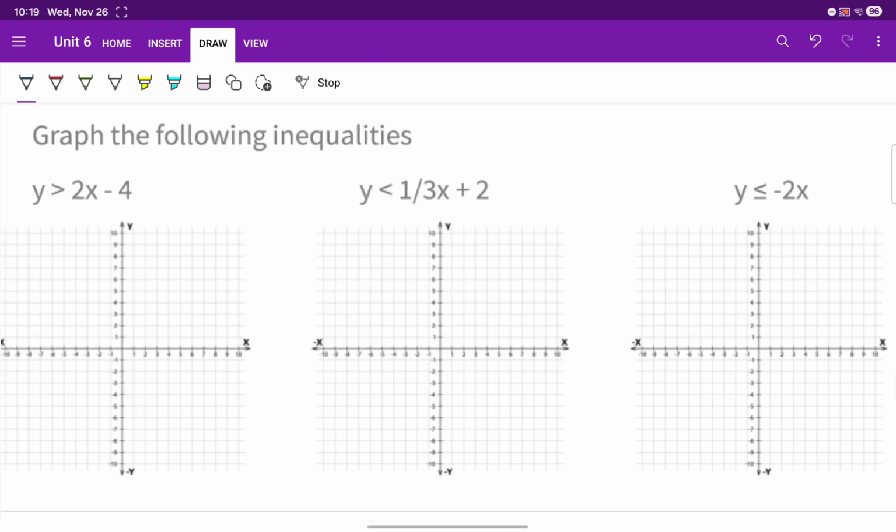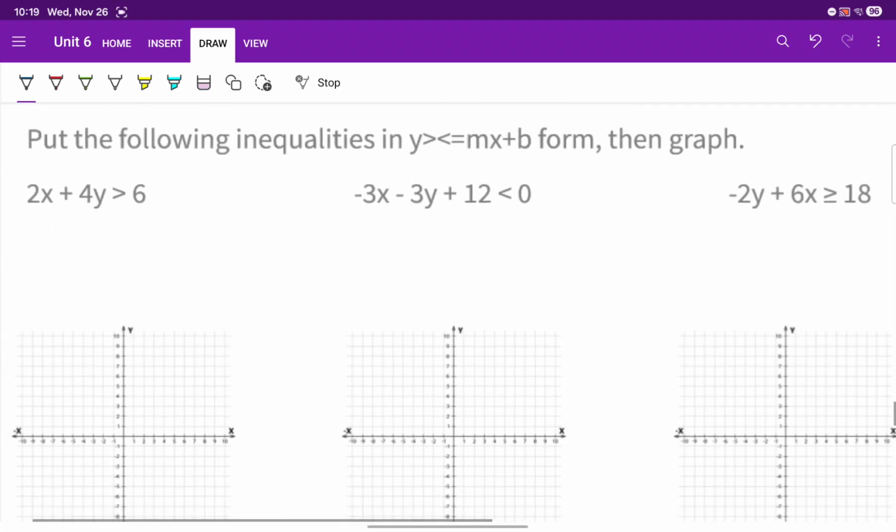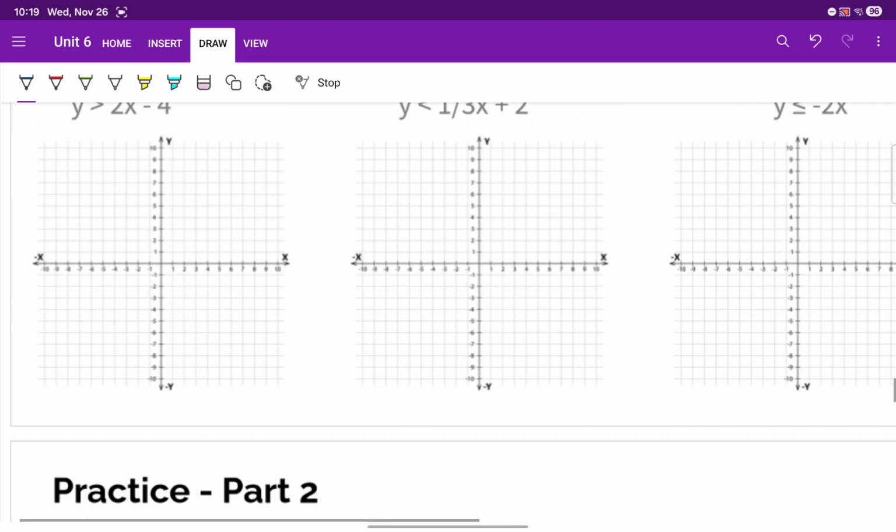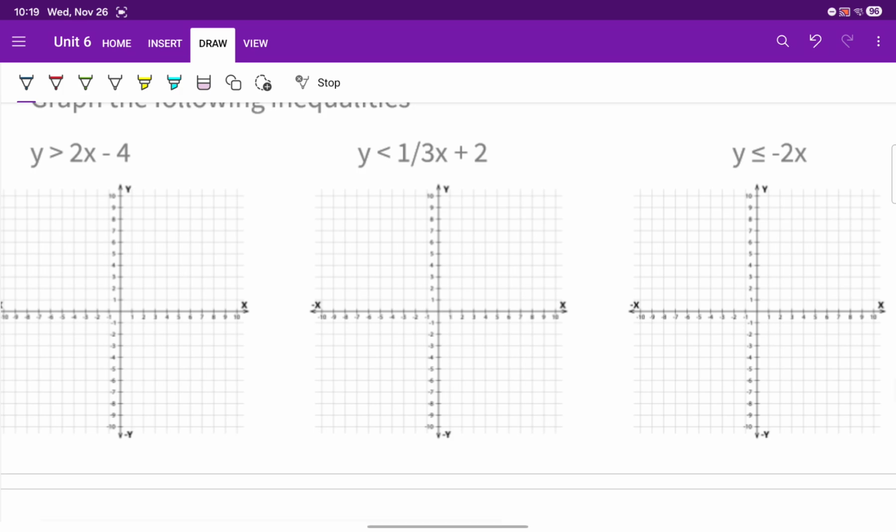What you can do right now is pause the video. You can take 5-10 minutes to try these ones out on your own. Once a few people have got them done, we can put the video back on, and you can check out what these look like. Then I am going to do one of these examples. So maybe pause the video, try these ones using graph paper in the classroom, and then restart the video.